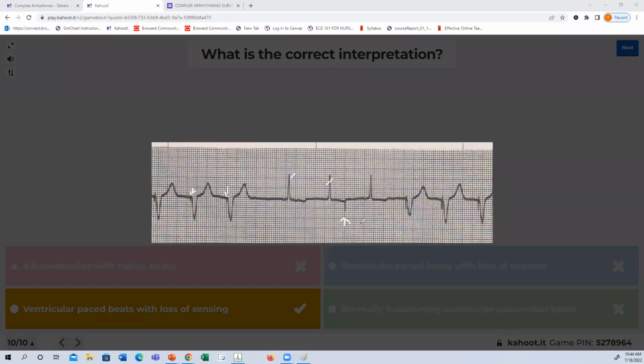This is inappropriate because there is a natural beat right over here. We don't need a pacing activity right after a natural beat. The problem here is that there is loss of sensing. The pacemaker did not detect this QRS complex, and therefore it activated the pacemaker prematurely and abnormally. This is termed a loss of sensing.